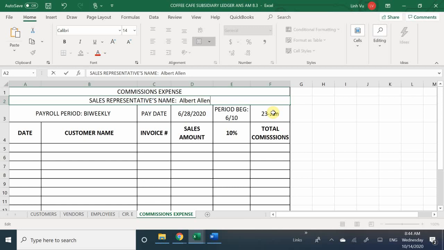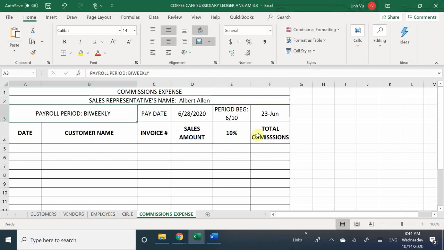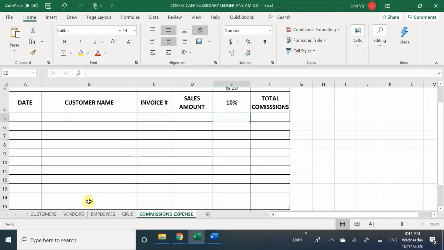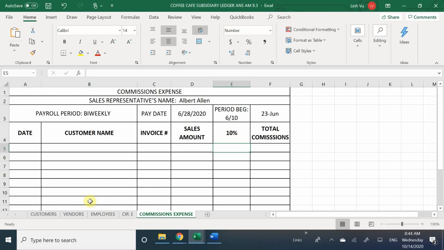So in this case, we have Albert Allen. We know that we're going to give him 10% of all sales. So for right now, that is all you need to do. We just fill in his name, and when we make our first sales, I'll tell you what it is. So Albert is a sales representative.